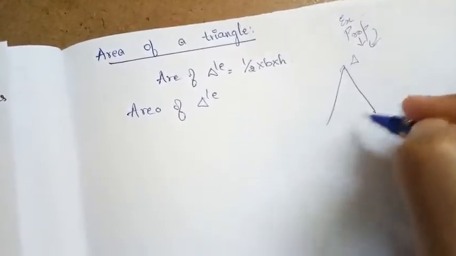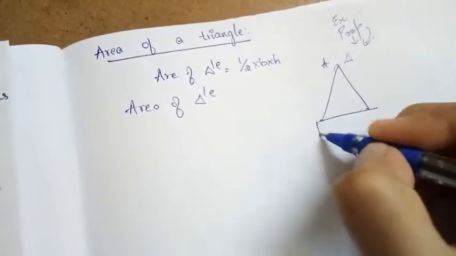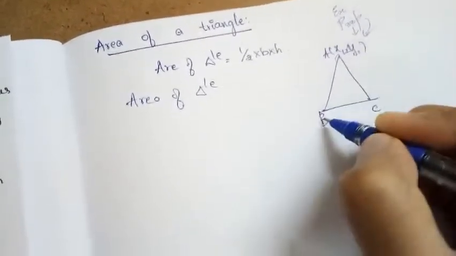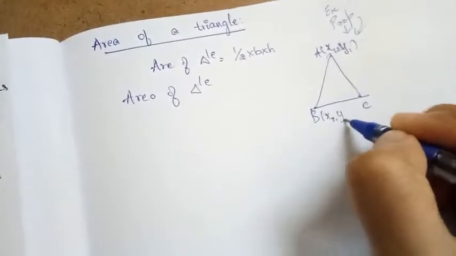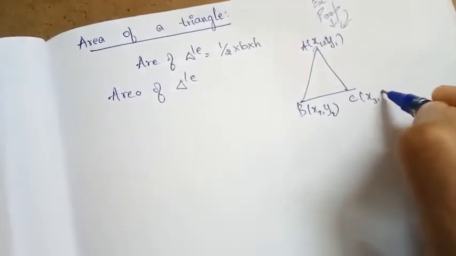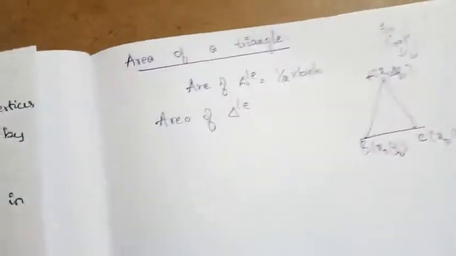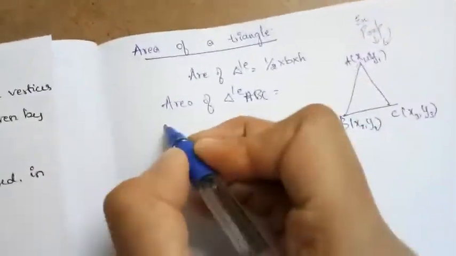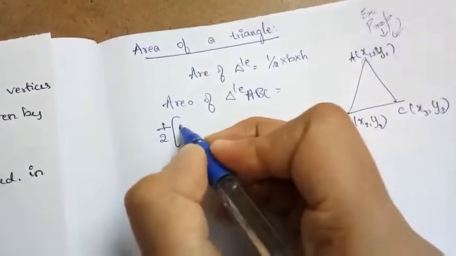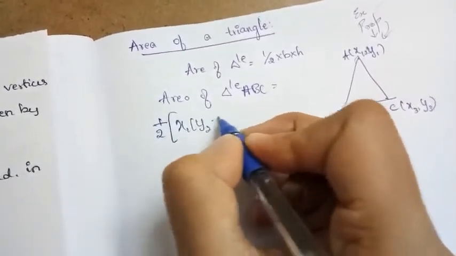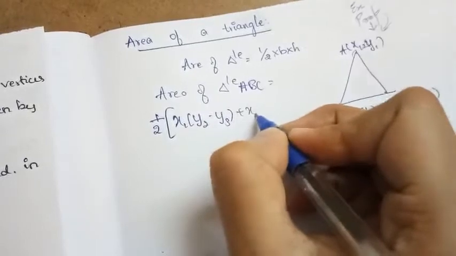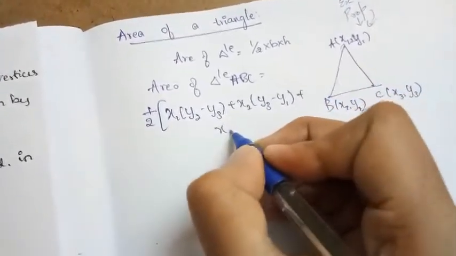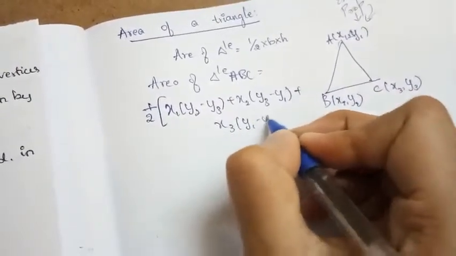If I consider a triangle ABC, where the coordinates of A are x1 y1, B is x2 y2 and C is x3 y3, then when 3 points of a triangle are given, the area of triangle ABC is half into x1 (y2 minus y3) plus x2 (y3 minus y1) plus x3 (y1 minus y2).